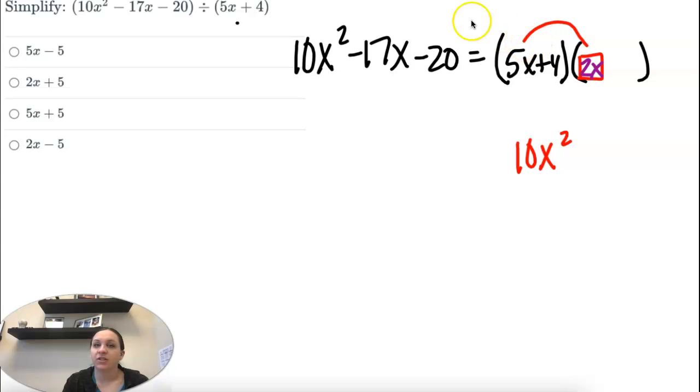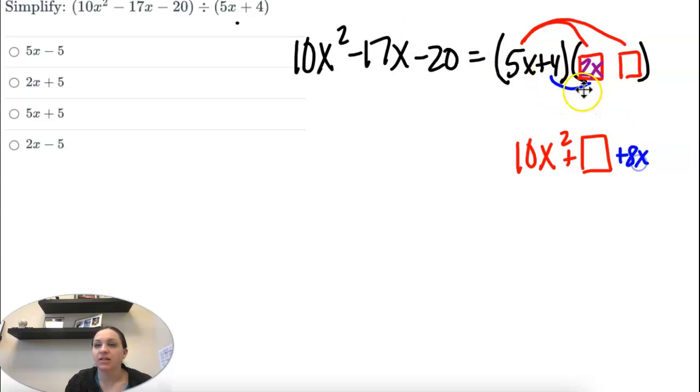And then there's something else here that I'm going to skip. Right? Then we would add another one. And then when you multiply on the bottom, you get plus 8x, and then 4 times what is negative 20? Negative 5.